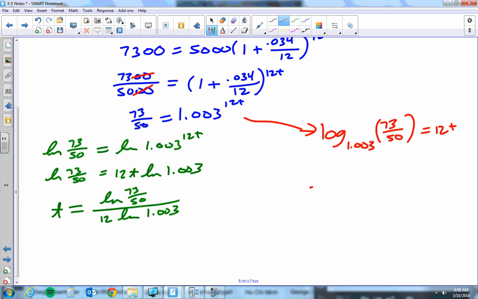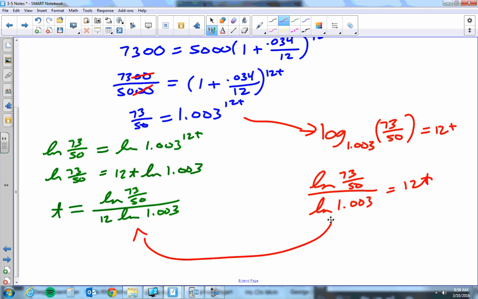So I'm going to rewrite that using change of base. It becomes log of the old argument over log of the old base. And I think you can see, take a 12th of both sides, you're in the same position, right? So either approach will get you to the same place.